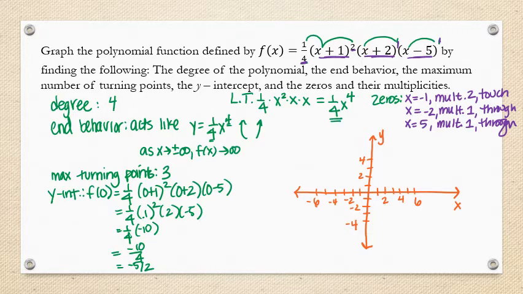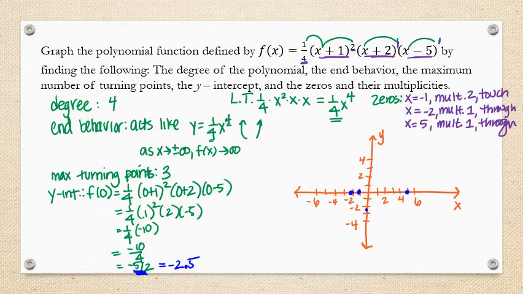So I know that this graph is going to have these zeros of x is negative 1, negative 2, and at 5. And we have a y-intercept at negative 5/2, which is negative 2.5.